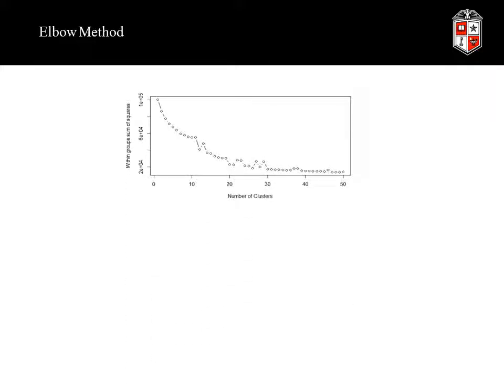The elbow method is one of the algorithms used to find the optimal number of clusters. It calculates the sum of squares, and once the curve starts breaking and going into a smooth line, that is most likely the breakpoint, or critical point, that we use as the number of clusters.